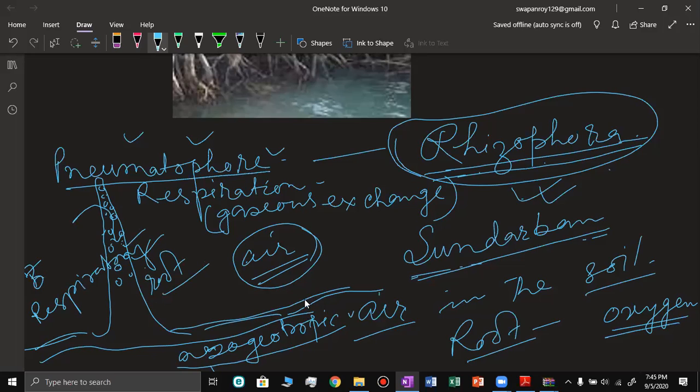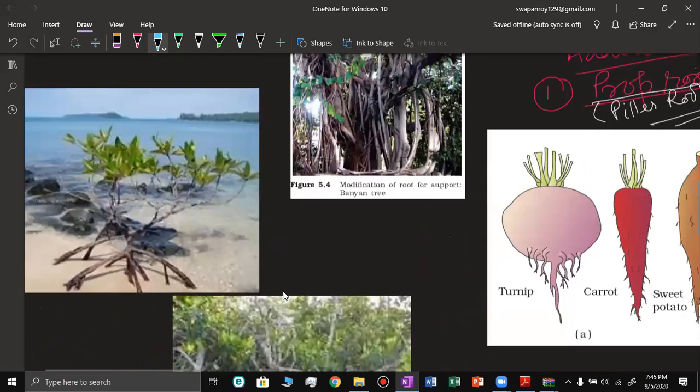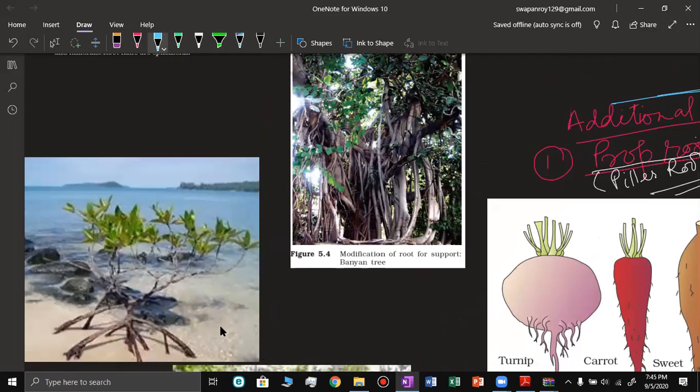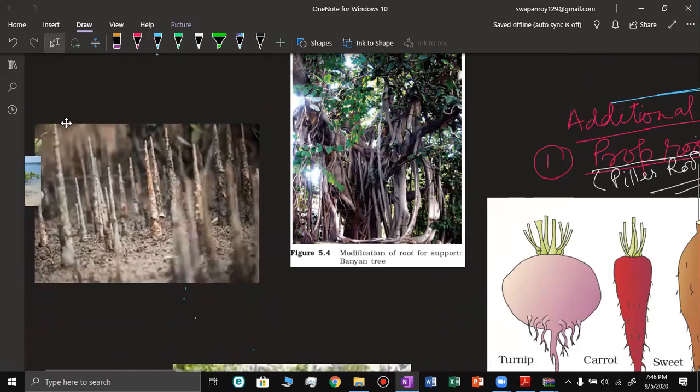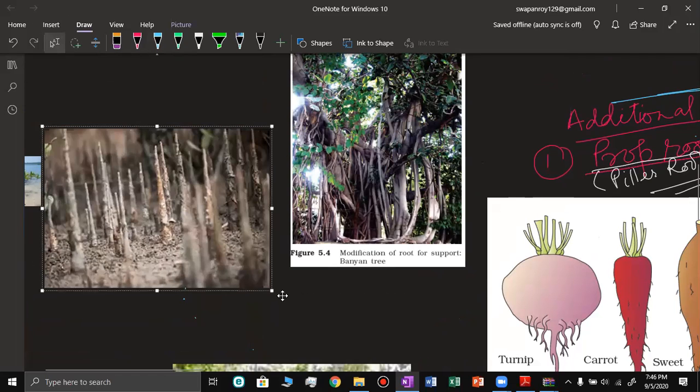You can see the photographs of this. Here you can see these vertical branches that have come out of the soil, and there is a swollen portion also. These are the pneumatophores.